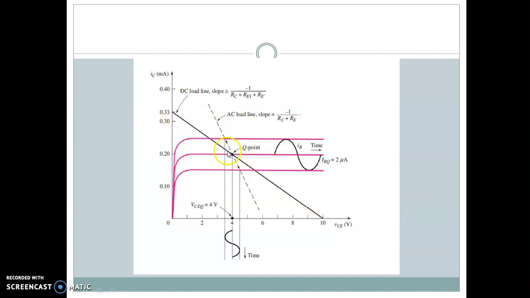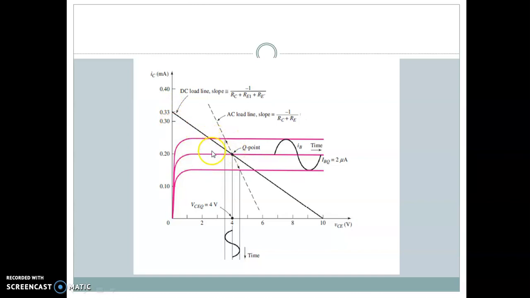You can make a threshold, because when it operates nearer to cutoff, if your signal slightly increases, it would be clipped off. So you have to take care of that. We'll restrict some limits: your IC minimum somewhere here, and similarly my IC maximum I'll keep somewhere here.